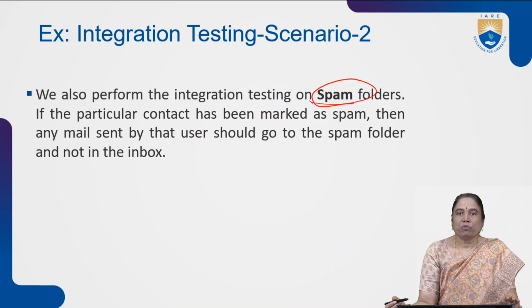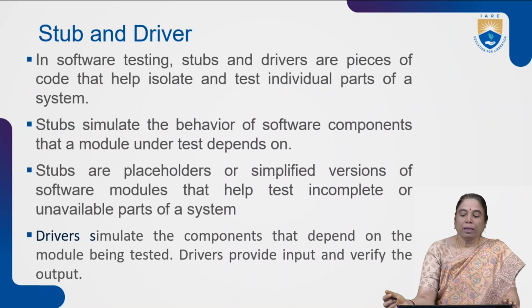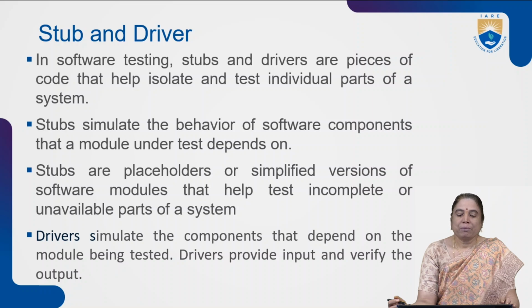Next, test the spam folder. Each and every module can be tested so that the Gmail application's functionality can be tested while these independent modules are integrated. In integration testing, two components play the major role.